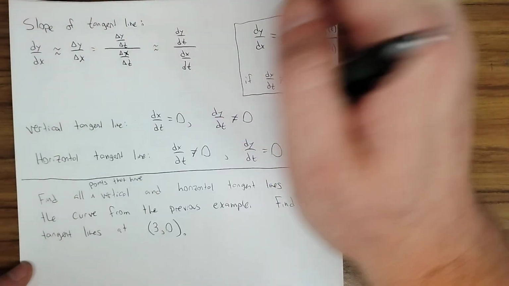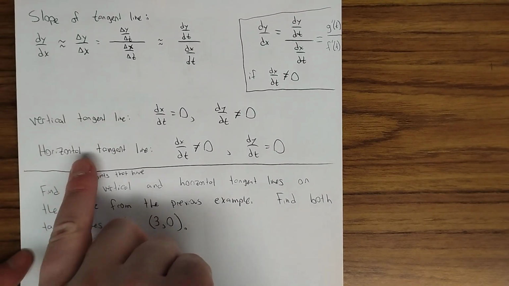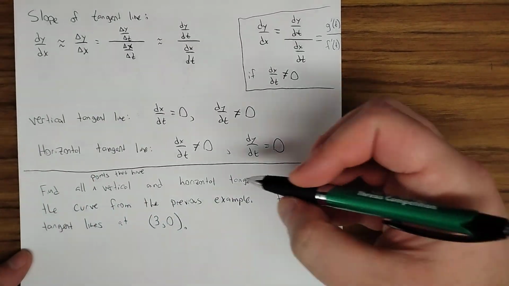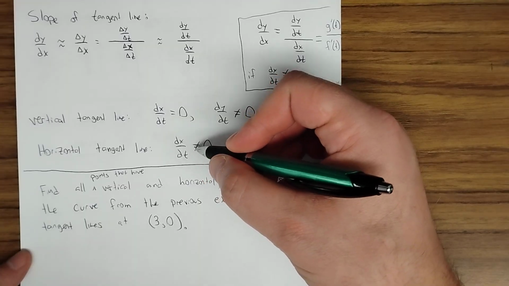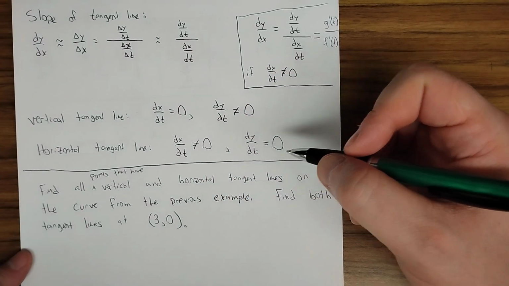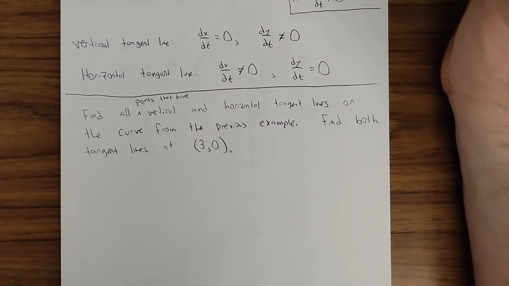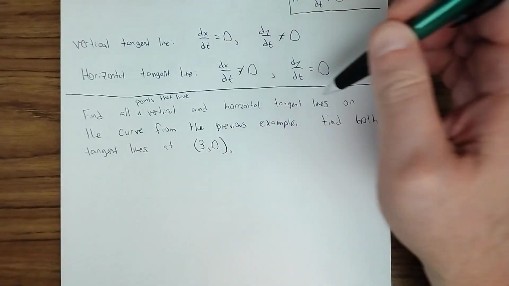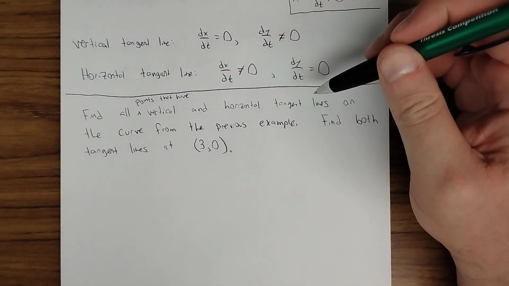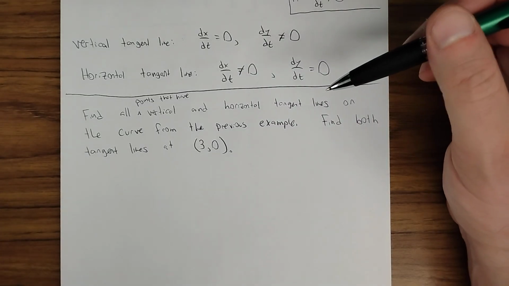So this is indicative of a vertical tangent line. Horizontal tangent line is the other way around. That's when you are moving horizontally, but you are not moving vertically. Okay, so going back to our previous example, let's find some horizontal tangent lines and vertical tangent lines.